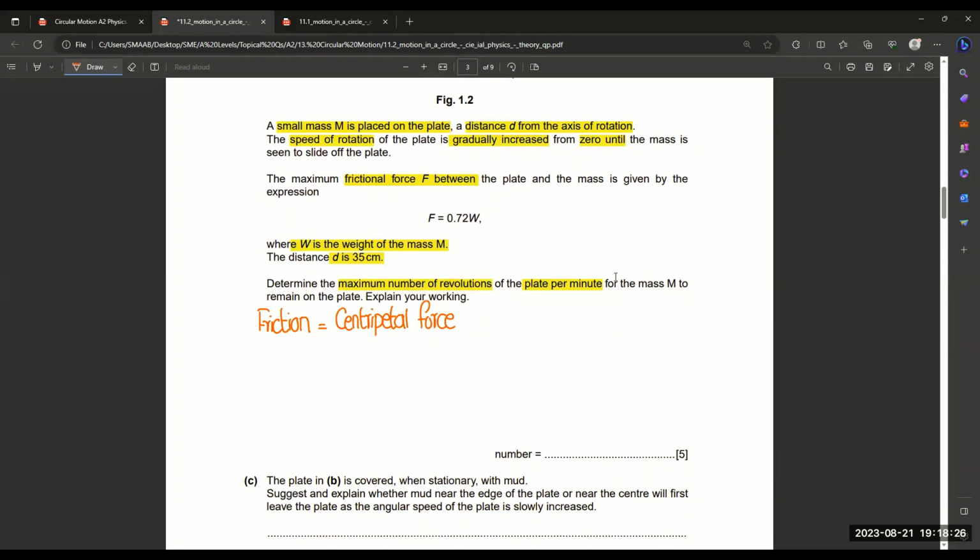So we can say that there is an equation given in the question. So we can use that value with the help of centripetal force. So we can say that 0.72 W is equal to centripetal force, right? And we know that centripetal force is normally equal to mv square over r.